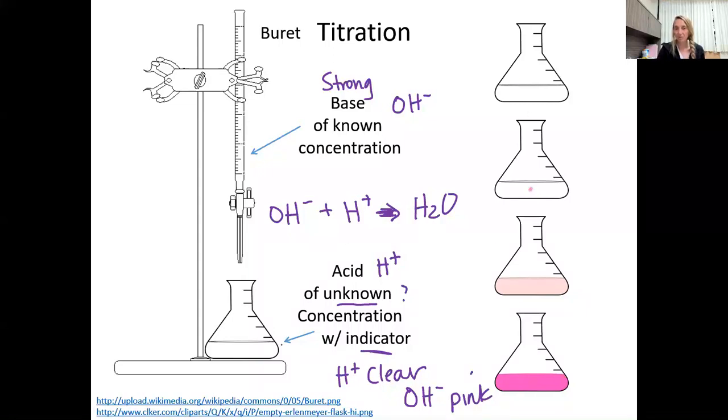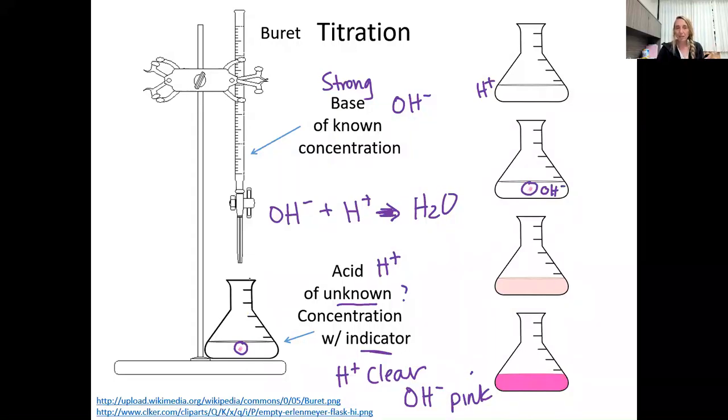This flask right here represents the one up here. Because it's clear, that means there's H+ around. Now, when I drip that first little drop, in that moment there's OH- around, so the indicator turns pink right in that little spot.